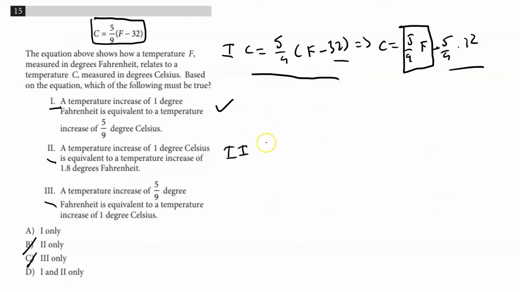We're trying to look at Fahrenheit in terms of Celsius. So this is equivalent to saying that plus 1 Celsius equals 9/5 Fahrenheit, right? And 9/5, if you simplify that, is just 1.8 degrees Fahrenheit. So number 2 is also correct, meaning D is our answer.